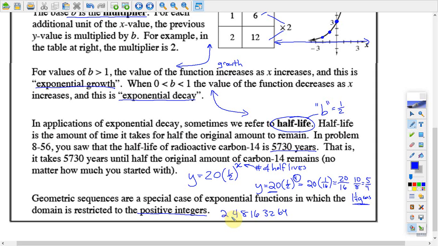We're doubling each time. With positions 1, 2, 3, 4, 5, 6, that would get plotted as an exponential function with discrete values, so we would get little dots that would go up in an exponential growth type way.